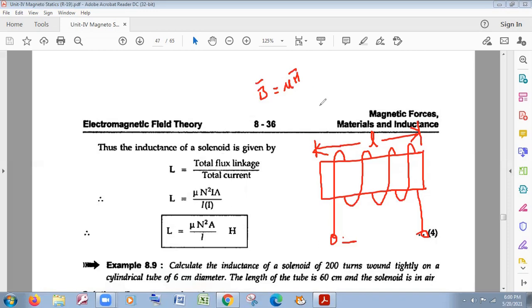The total flux linkage is mu N square I A by l, and total current is I, where A is the area of the solenoid and l is its length. So L is equal to mu N square A by l, which is the inductance of the solenoid.